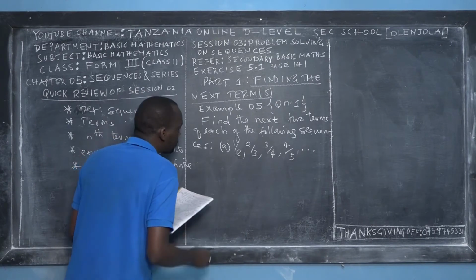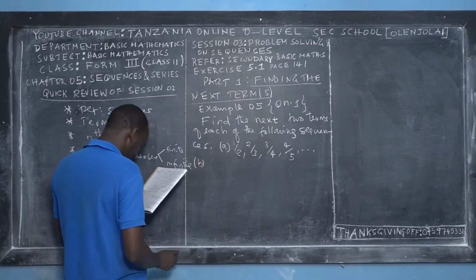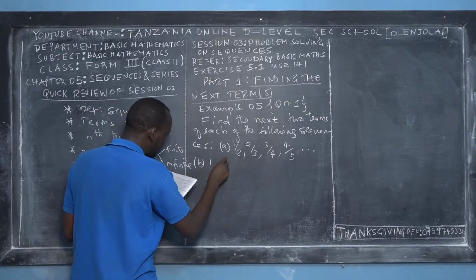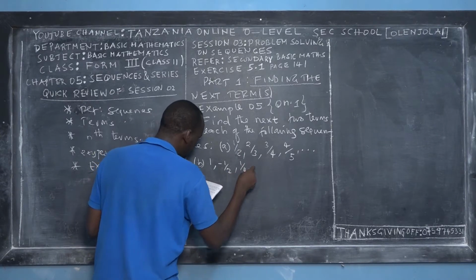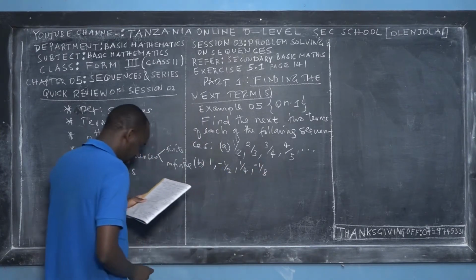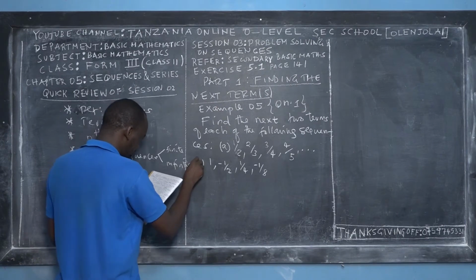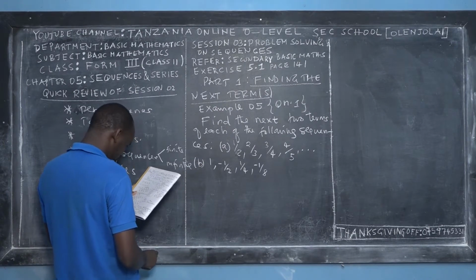Okay? So this is the first sequence, and then part B is 1, -1/2, and then we have 1/4, and then -1/8. That is B.